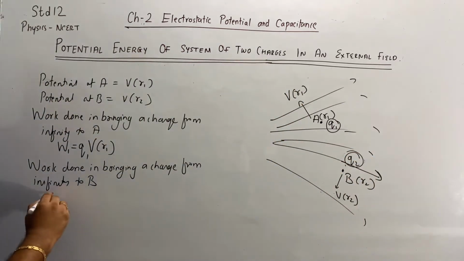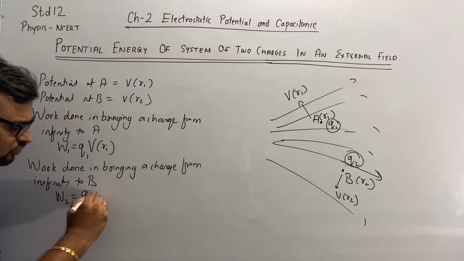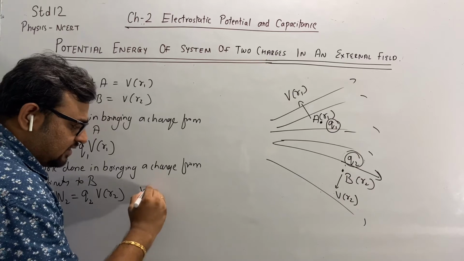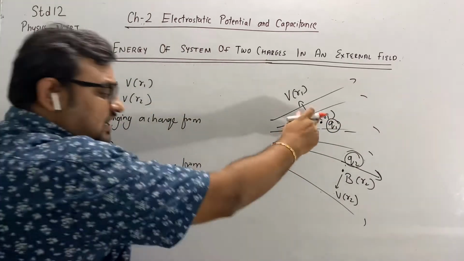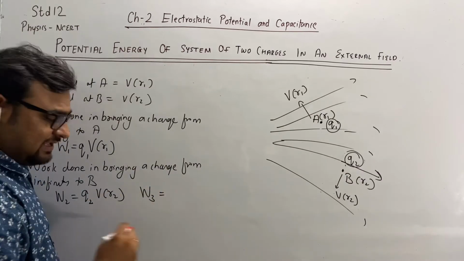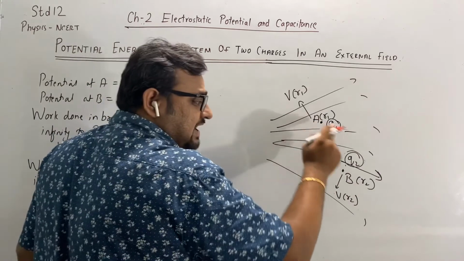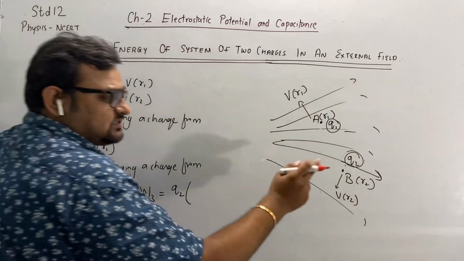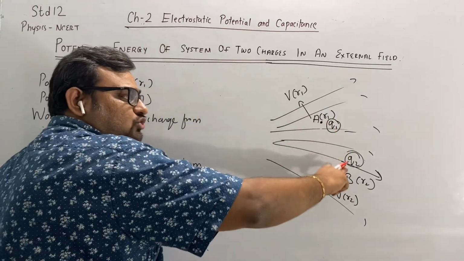So this will be equal to W2: work done due to the existing field, Q2 into V of R2, and work done against the field due to charge Q1, that will be equal to Q2 and what is the potential at B due to A. Initially it was V of R2, but now there is one more potential due to charge Q1.